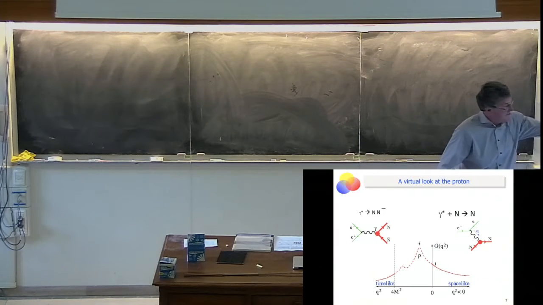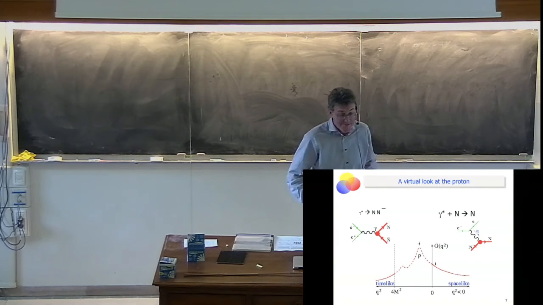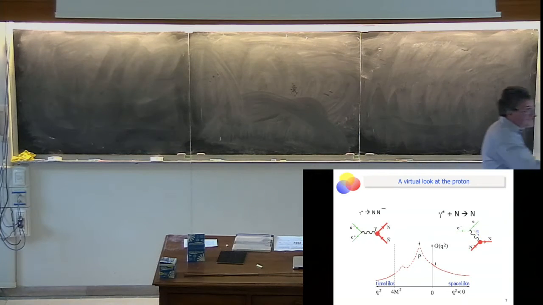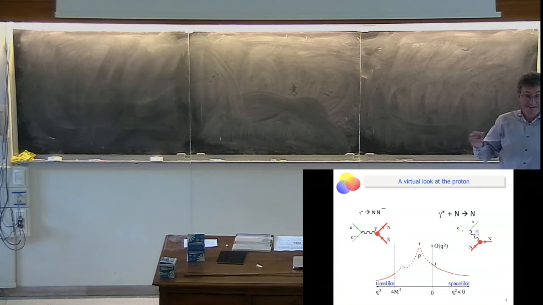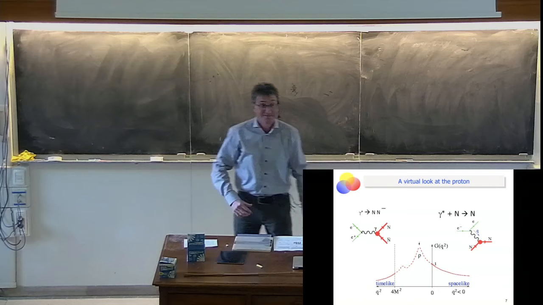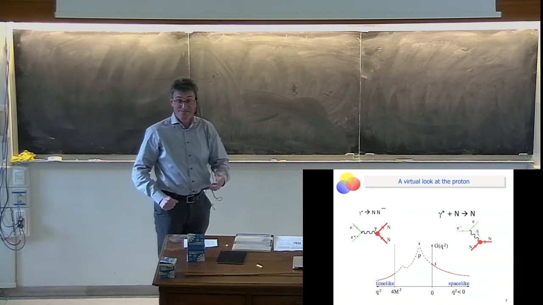Yeah? So that's a time-like form factor. And you can measure these, and that's what I wanted to illustrate here. That's a point that Mike also did discuss in great detail. In principle, this is one function as a function of this q squared considered as a complex variable. The t variable, if you want, in this sort of process, or the s variable. If you call it s or t, that depends on how you look at this triangle, in which process you are looking at the physical process.